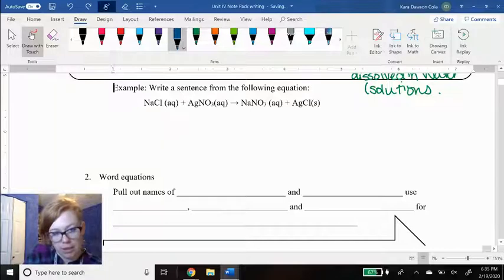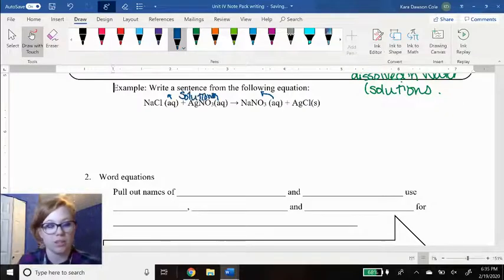First thing is that this is aqueous, right? All of the ones that are aqueous, we can call them solutions. So NaCl solution, AgNO3 solution.